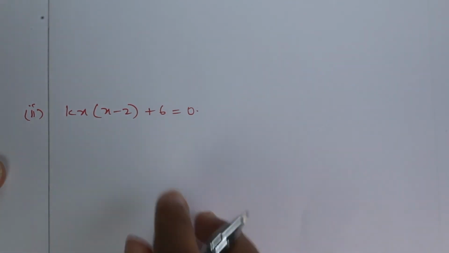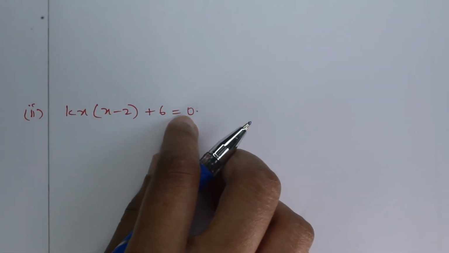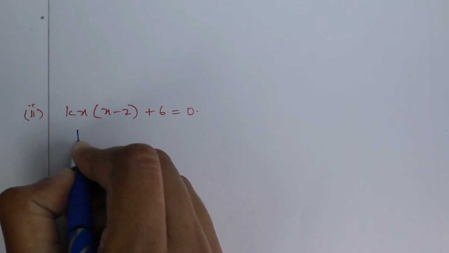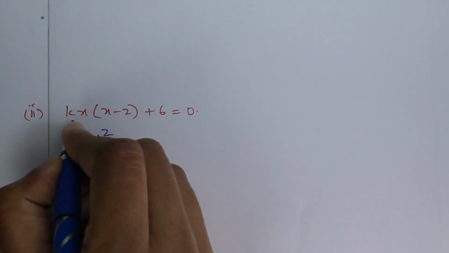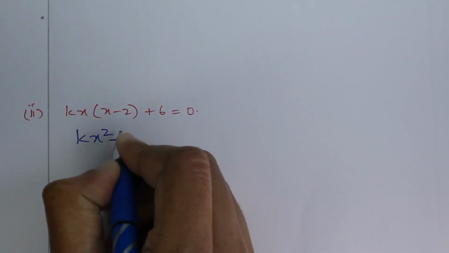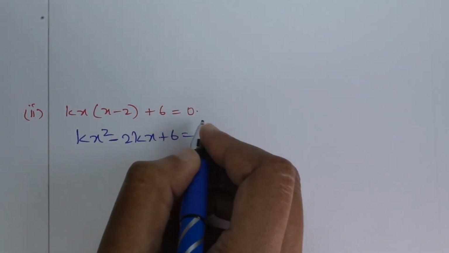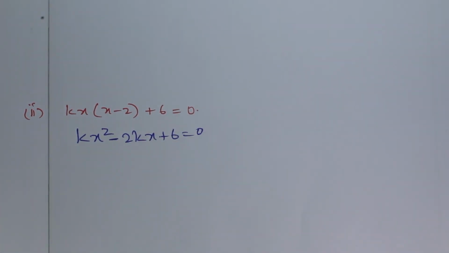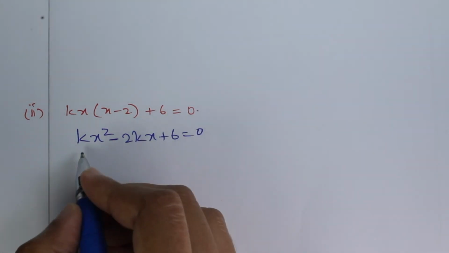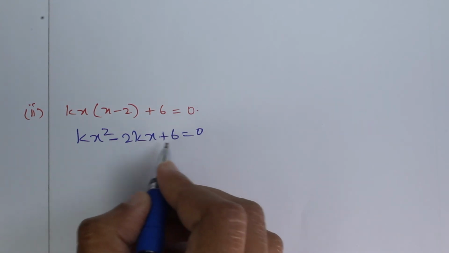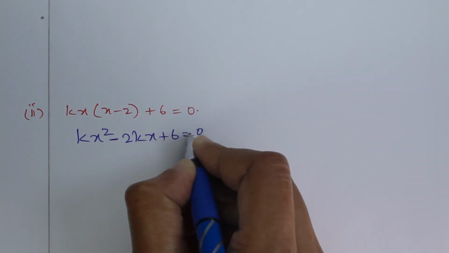Now let's move to the second part of the question. kx into x minus 2 plus 6 is equal to 0. First let's expand this equation. kx square minus 2kx plus 6 is equal to 0. So kx square minus 2kx plus 6 is equal to 0.